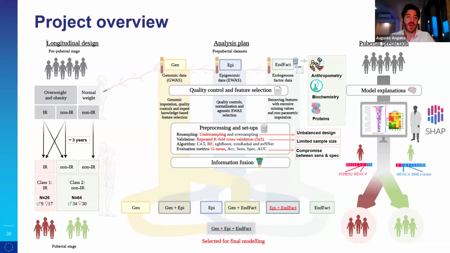That's a good point. Of course, in this project we are very far from a real clinical application. We wanted more to show a guideline or a pipeline on how these models need to be built for future clinical application, but with only 100 kids, we are far from that.